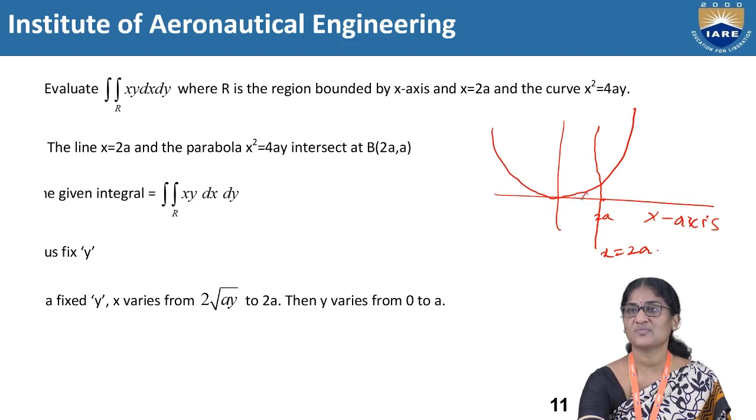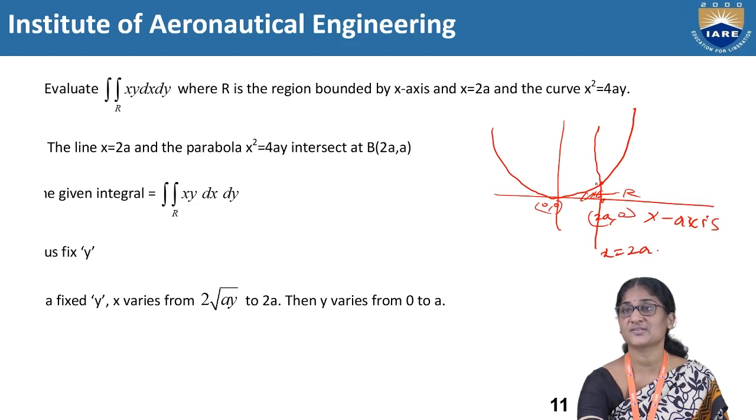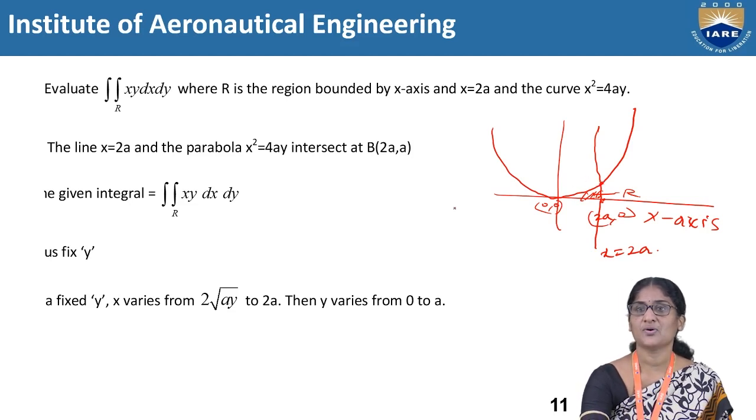This is the bounded region, the R region he is referring to, and this is 0, 0. And this is 2a, 0. This point of intersection is 2a, 0. Just find the point of intersection of x equal to 2a and x square equal to 4ay. So this point B is 2a, a.